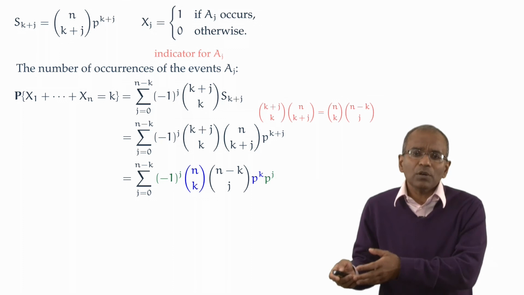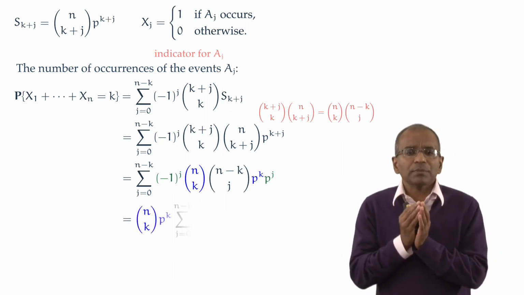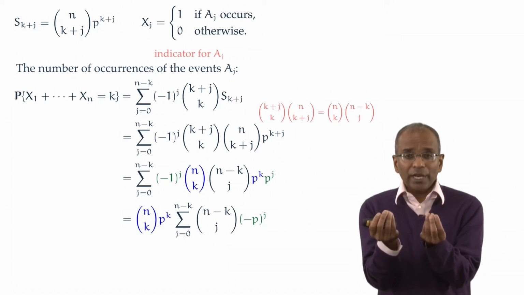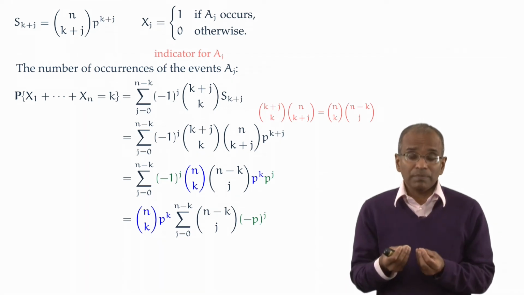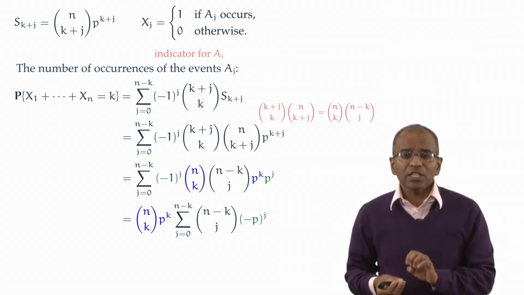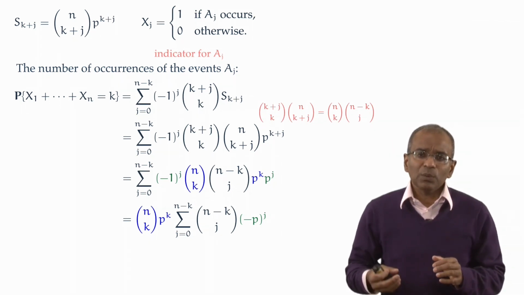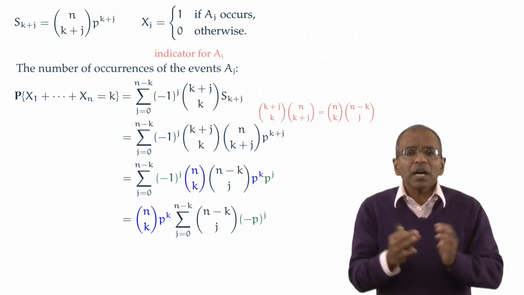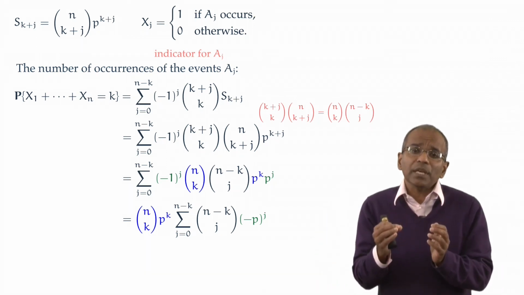They can be pulled right out of the sum. Let's promptly do this. The terms in green inside the sum depend on j, and of course they cannot be pulled out of the sum. But they're of the form minus 1 to a power j times p to the power j. In other words, you have both terms to power j. Let's combine them and write it simply as minus p to the power j.